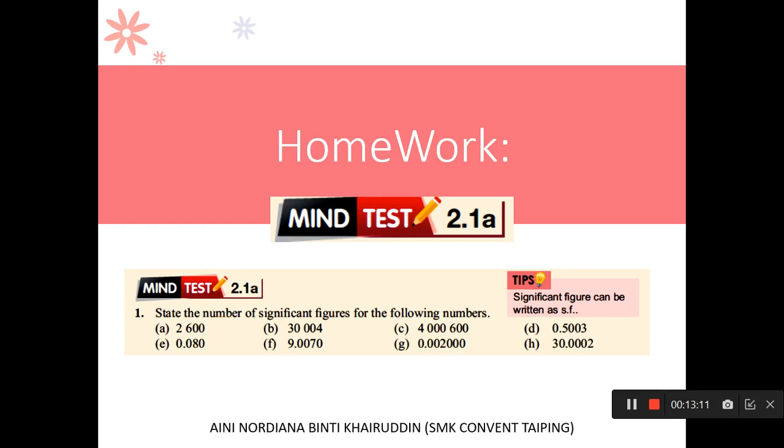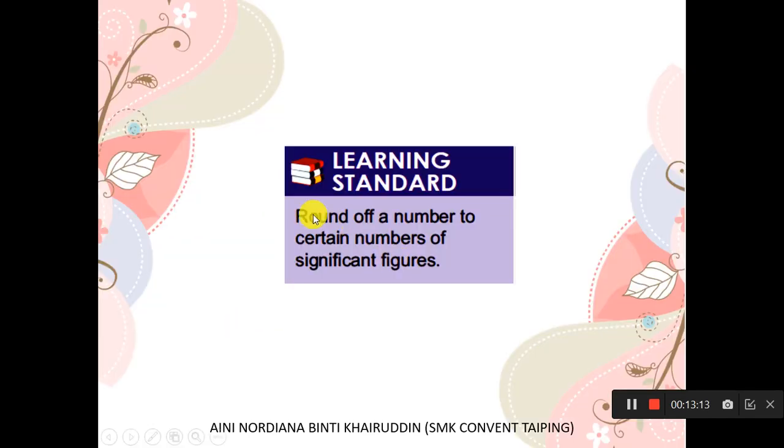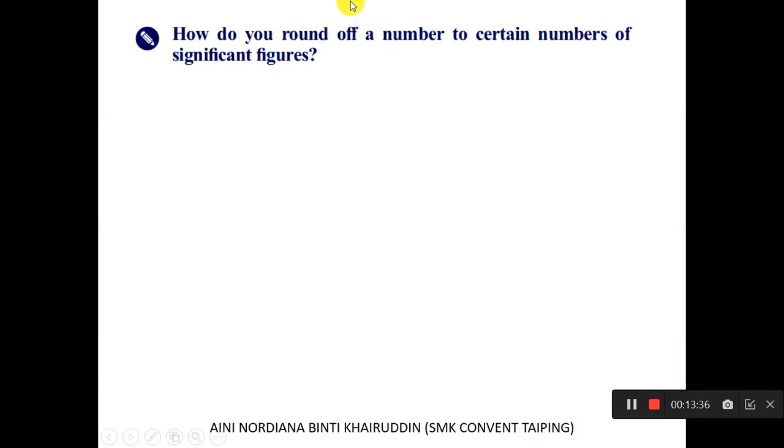Okay, so next, this is our learning standard for this video: round off a number to a certain number of significant figures. Okay, now we want to round off. This round off is not the same as the round off you did before. This is a different one. So how do you round off a number to a certain number of significant figures?